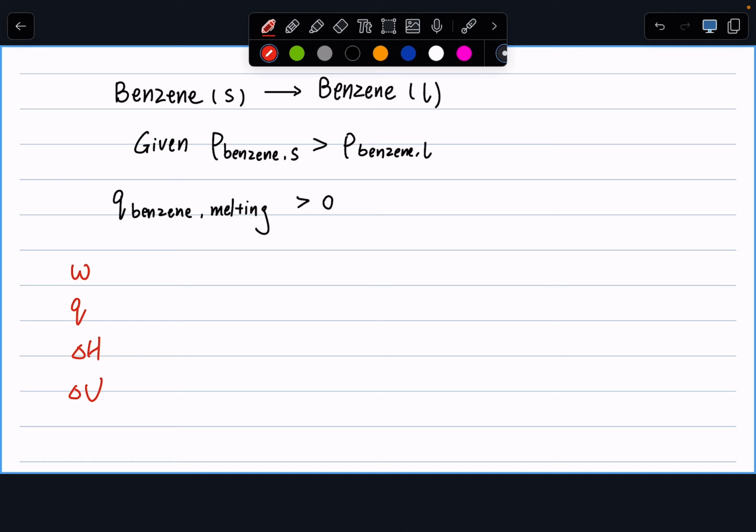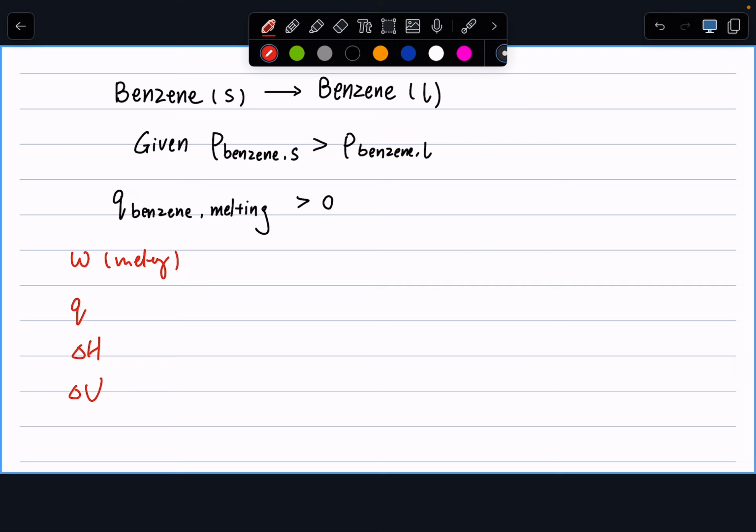Right, so in here, there are several things we know. First thing, when we're looking at melting, the change of the volume is a very small number, a super slow change in the volume when we're talking about melting of that solid benzene.